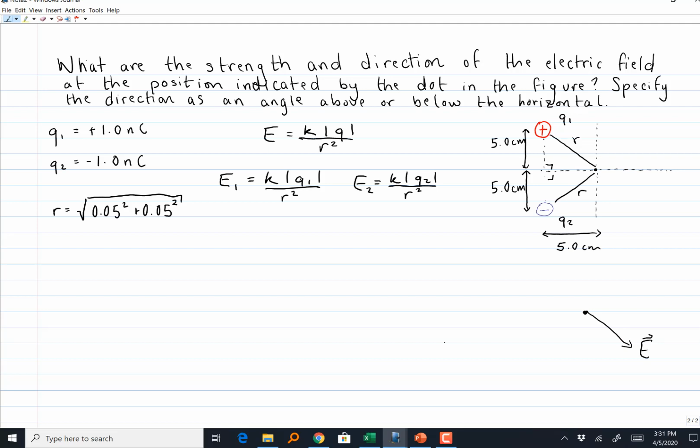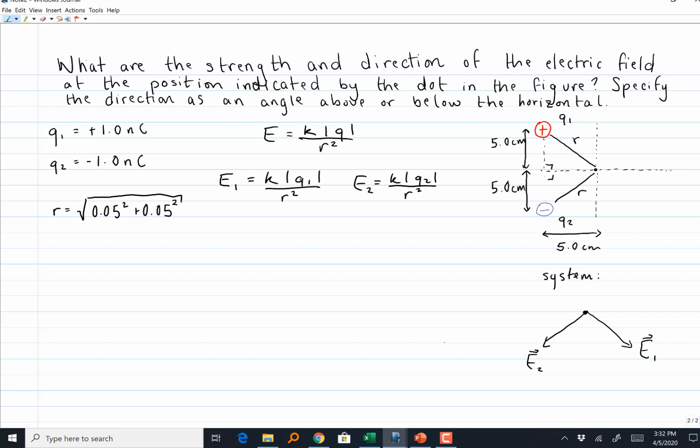The electric field points towards negative charges, so I can draw my electric field for 2 pointing towards Q2. All right, so we've got an analog to our free body diagram with the electric field, and it looks something like this.